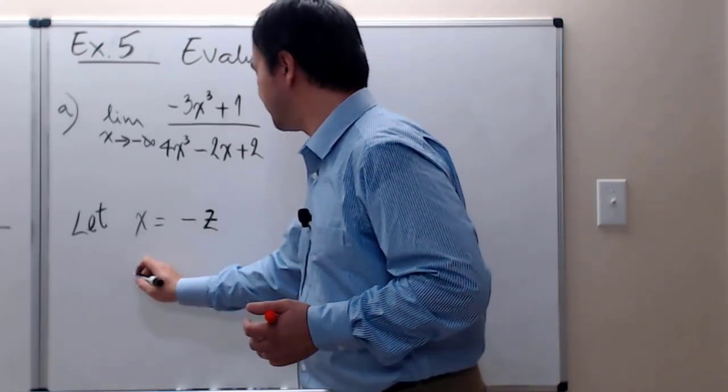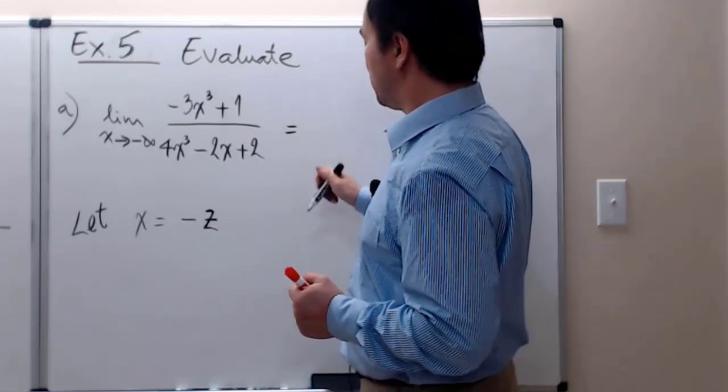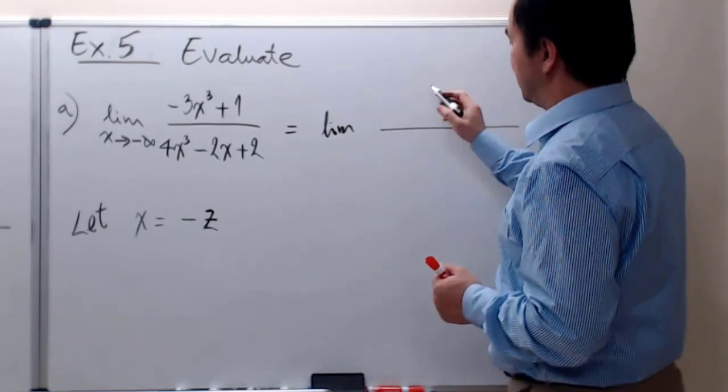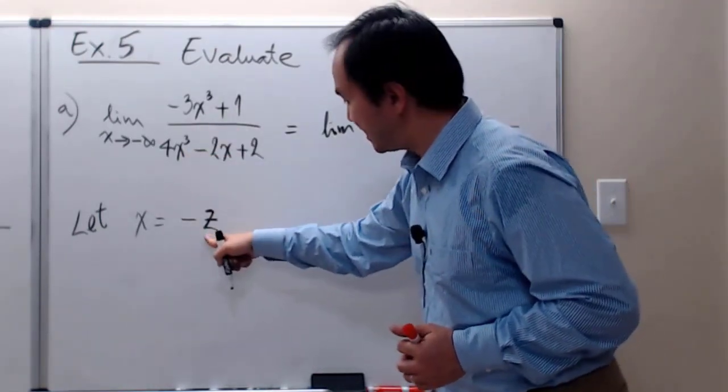If we let x equal negative z, then this problem is equivalently the same as follows. Each x is substituted by a negative z.